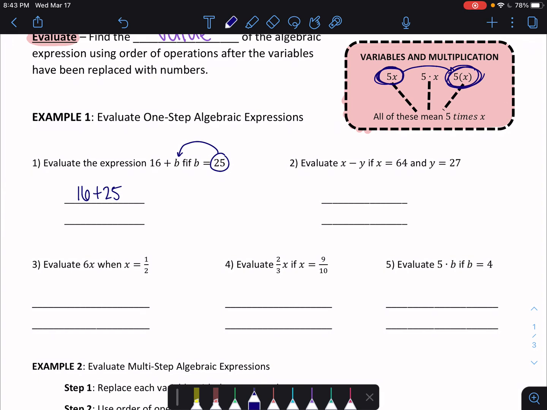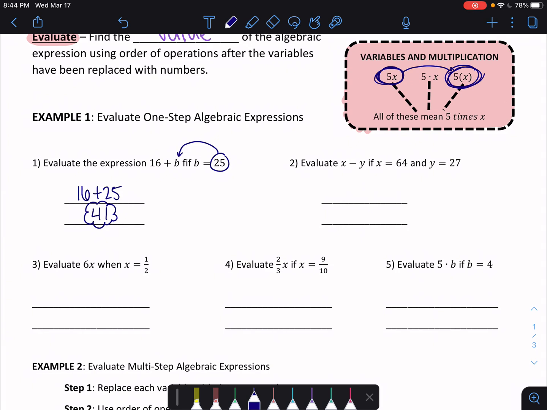And now I'm going to add because there's nothing else to do. It's one step. So 16 plus 25 is going to be 41. Just like in order of operations, you will be using each line in these expressions to simplify. And your last line should be that one number answer.